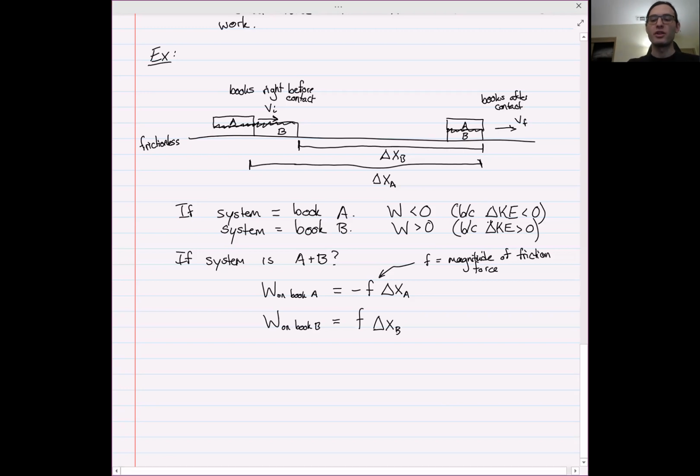We know the work is positive or negative because we know the change in the kinetic energy. We know how the speed changes, so we know how the work is positive or negative. And we know that these magnitudes are the same because the friction forces are equal and opposite.